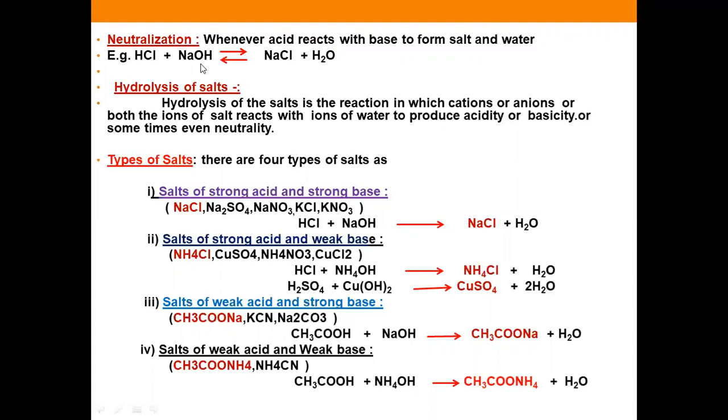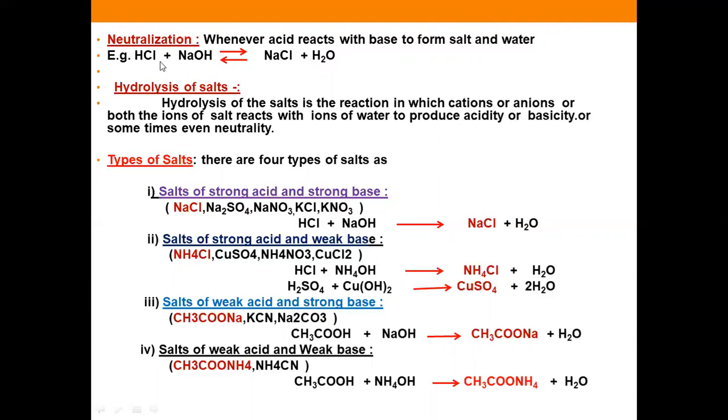Acid HCl, base NaOH, salt NaCl, sodium chloride, and water. This reaction takes place with two arrows, therefore it is a reversible type of reaction. In this reaction, the forward reaction is called neutralization and the reverse reaction is called hydrolysis.